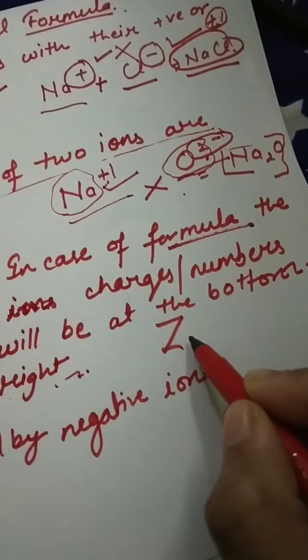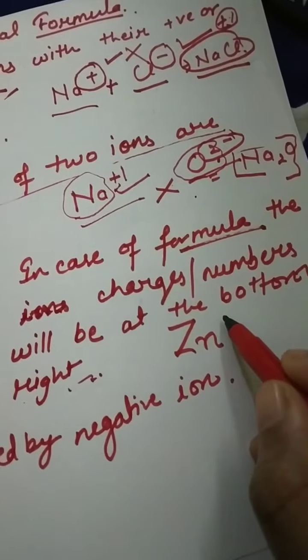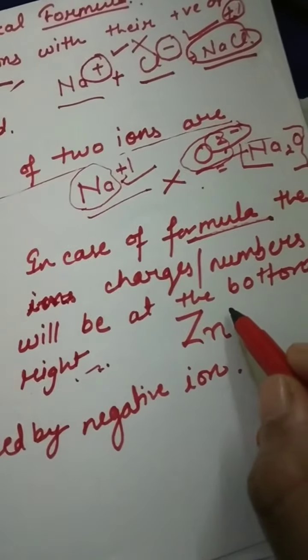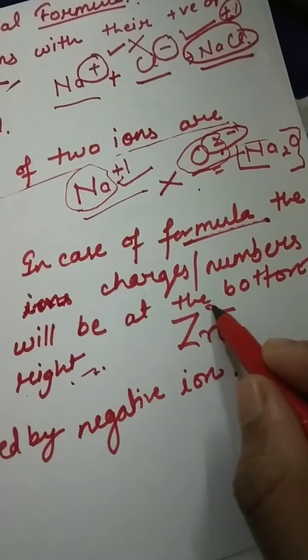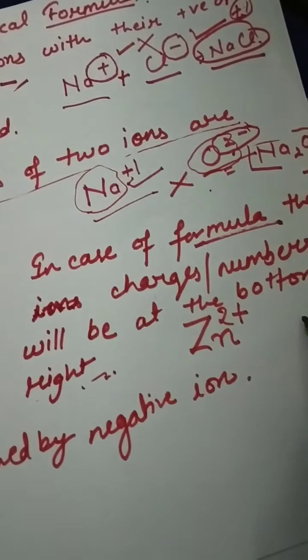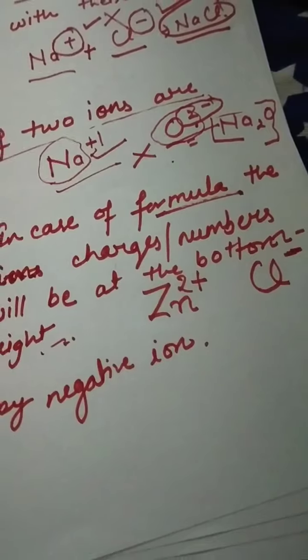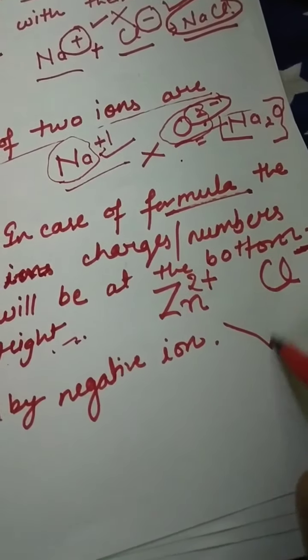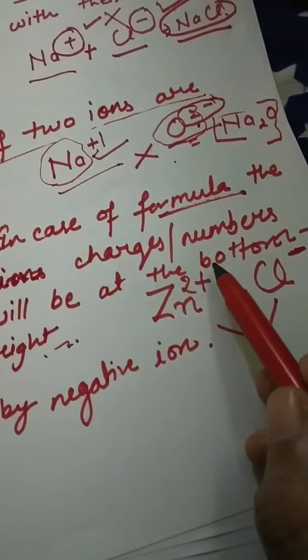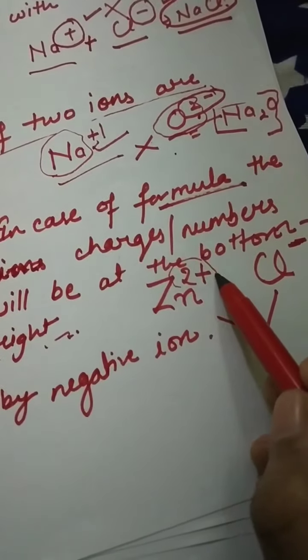Like I have to write zinc chloride. So zinc, what will its charge be? Plus 2 for you, and in the case of chlorine there will be a single minus. So when they both interact, here I am writing the charges at the top right corner, just keep this in mind.